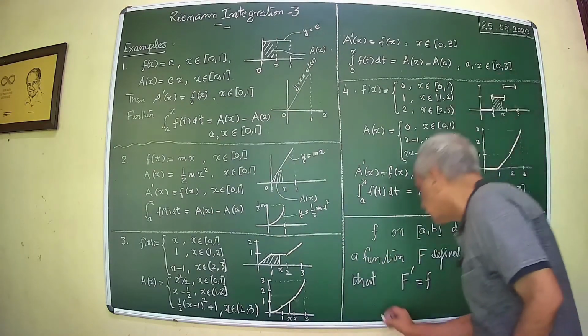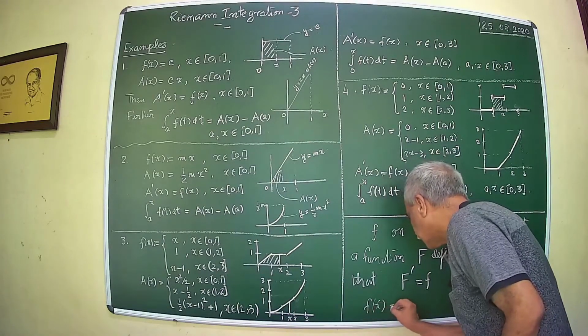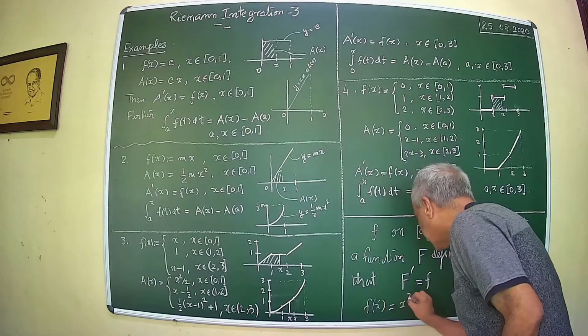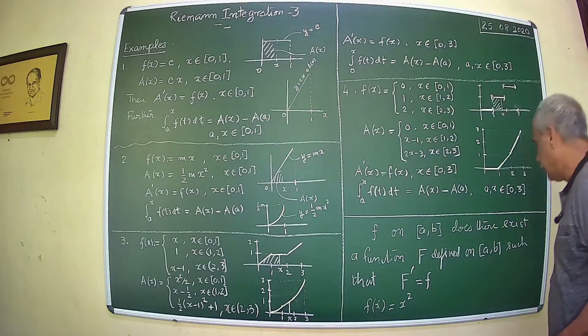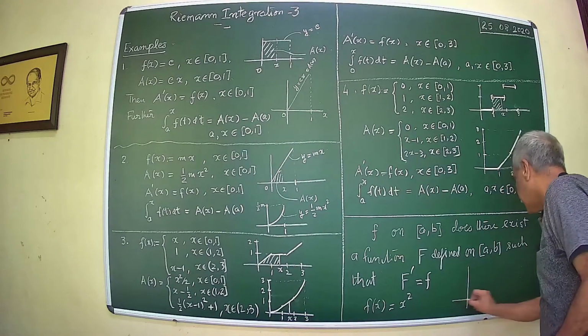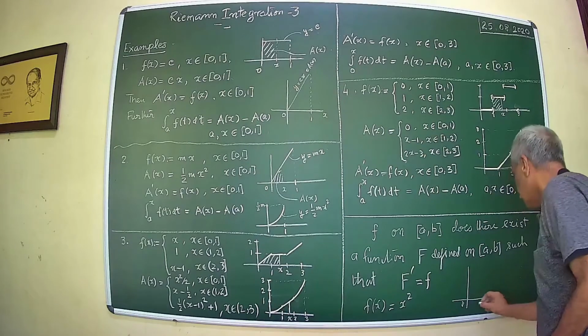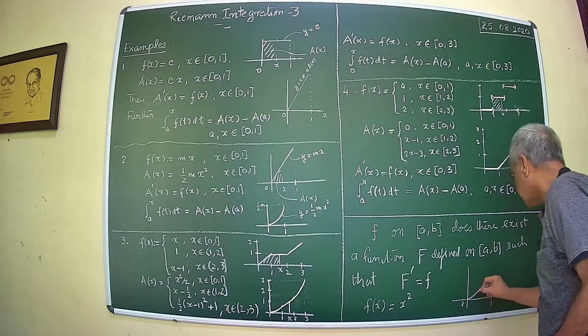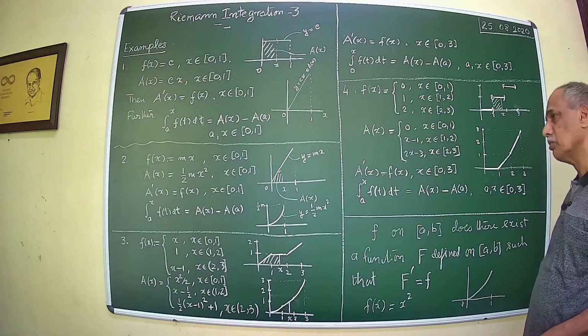For example, suppose the function f(x) is equal to x squared. Now in this case what happens? Let us plot the graph of the function over the interval 0 to 1. See, it is something like this. y equal to x squared.